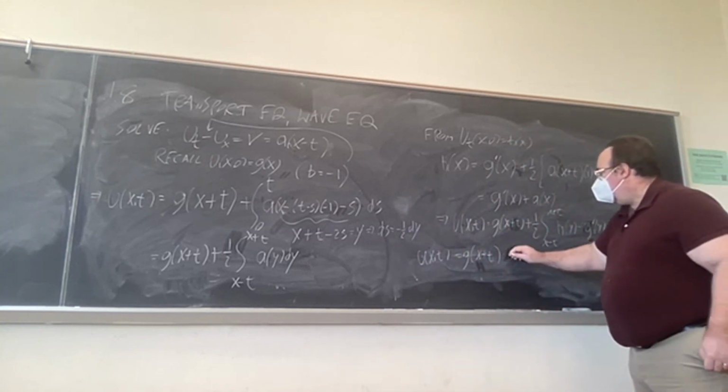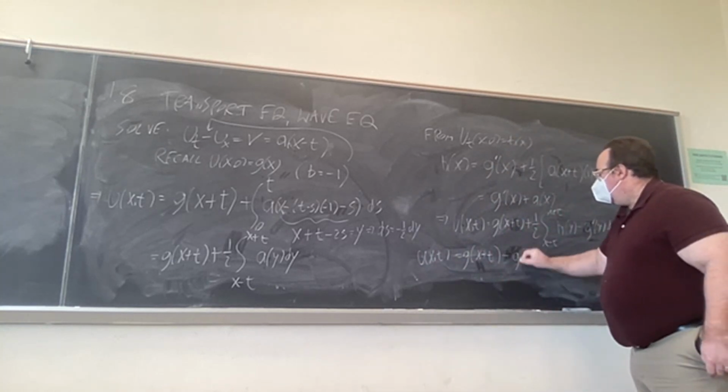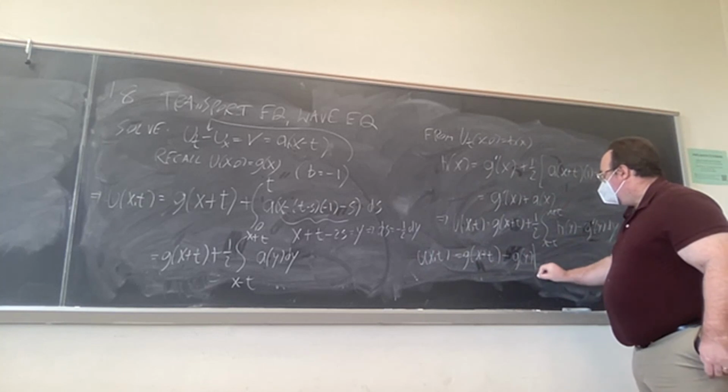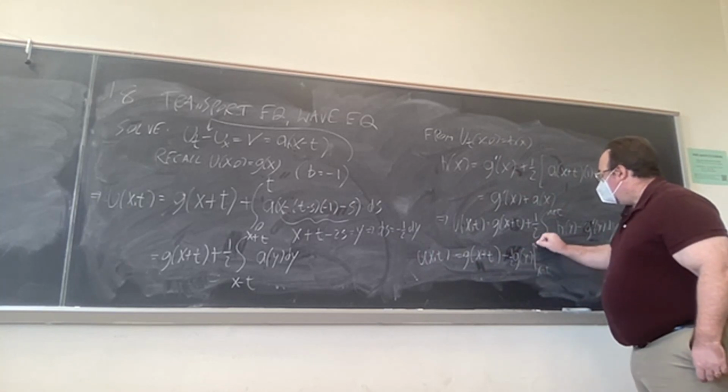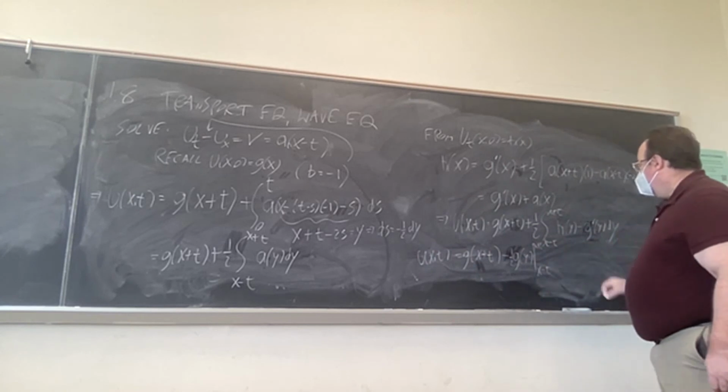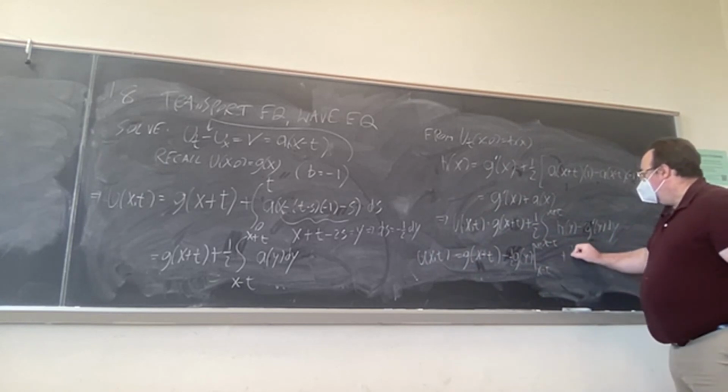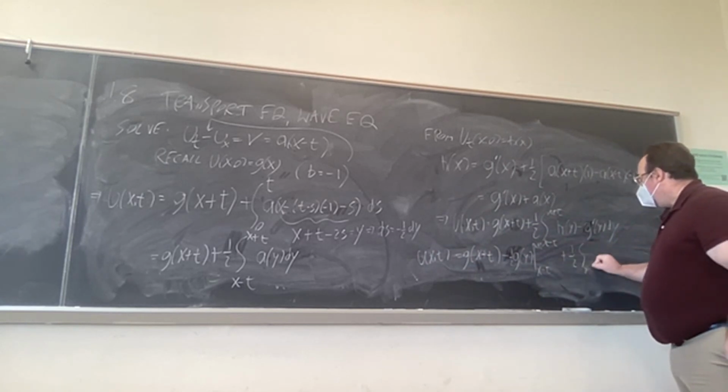So now I'm going to have minus g of y with limits x minus t and x plus t, times 1/2. And then the rest of the integral I'll just leave as is.